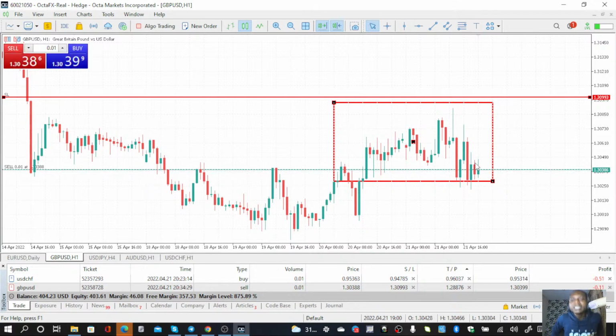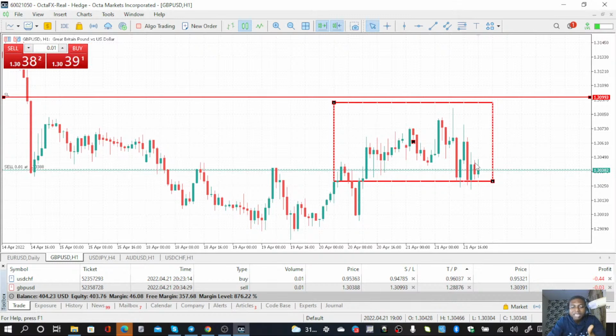So this is how to analyze the market. Like I said, when you open a trade, you are asking yourself, what is the current market structure? Now, having understood the current market structure, which is, are we in an uptrend, or are we in a downtrend?